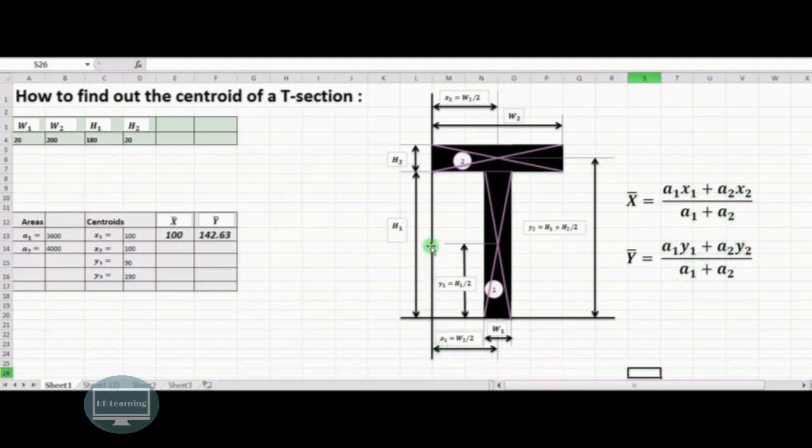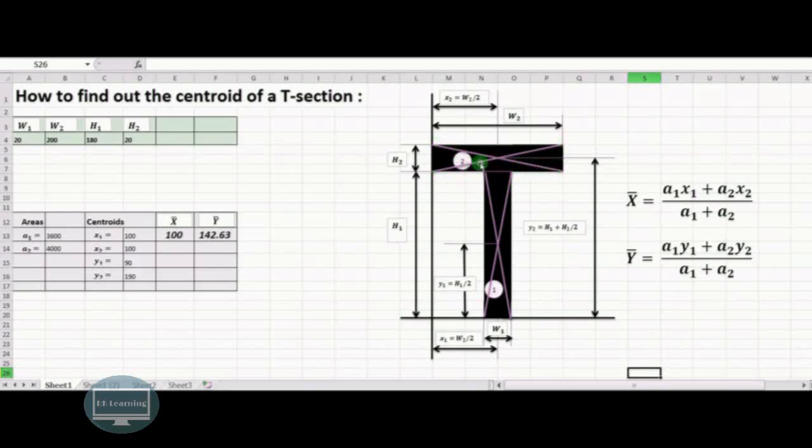So for x1, we take the extreme left of the figure as the reference. From this, we measure the distance of the centroid of each individual figure. This is the first rectangle, and this is the other rectangle. Then we can draw the diagonals, and wherever they intersect is the centroid of that section.